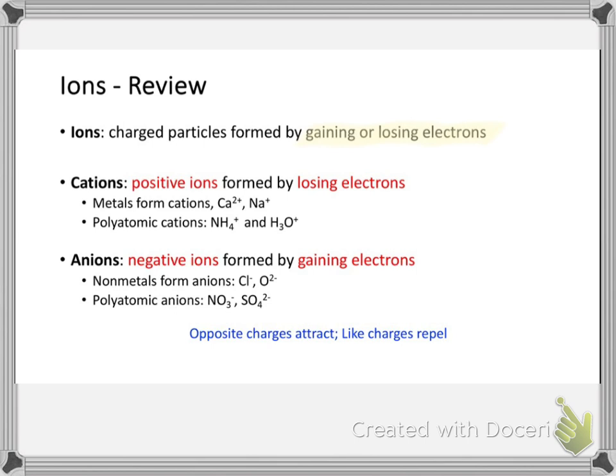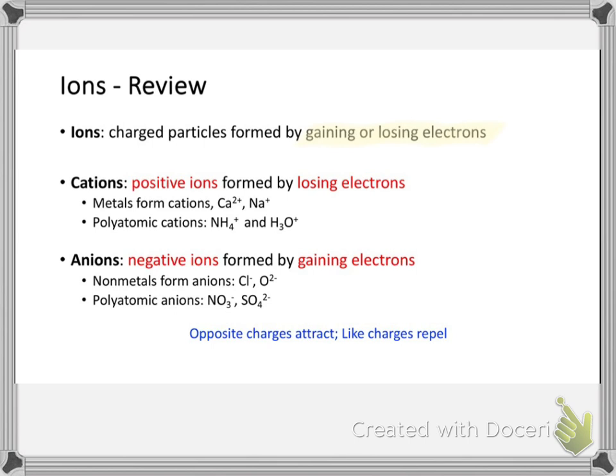Now, the two charged particles in an atom are protons, which are positive, and electrons, which are negative. And for an atom, which is neutral, the positive and the negative are equal, so they cancel each other out. Remembering neutrons don't have a charge, so that won't impact the charge of the atom or of the ion. So a neutral atom has equal protons and electrons.